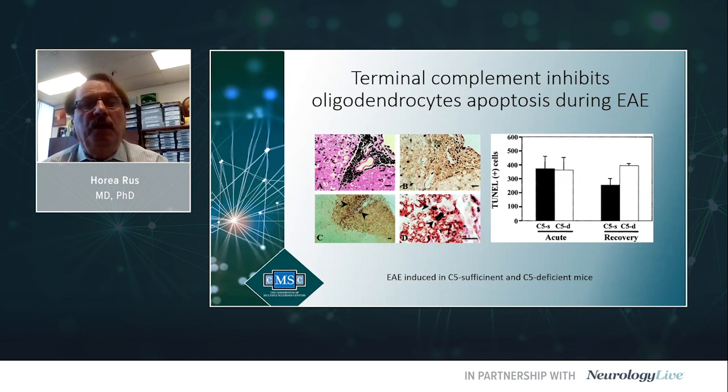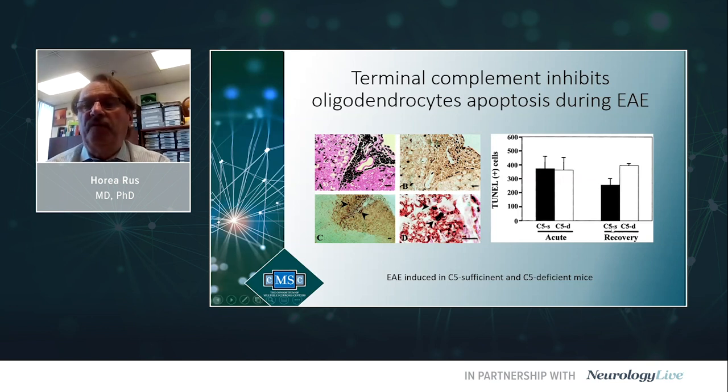As we see, the EAE leads to significant inflammation in the acute phase. Many of these cells here show apoptotic nuclei, and in addition to apoptotic inflammatory cells, there are apoptotic cells outside the inflammatory cells, which, when double staining is used to identify oligodendrocytes, many of these cells are oligodendrocytes which are apoptotic.